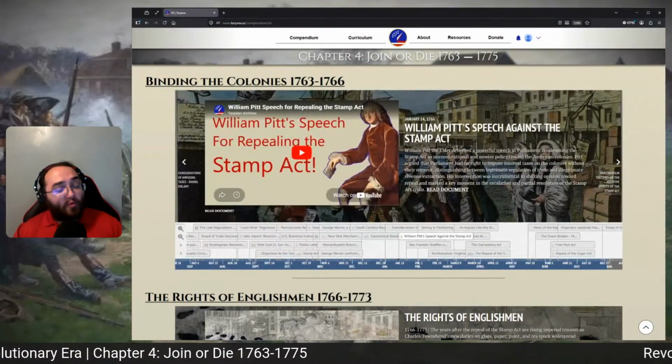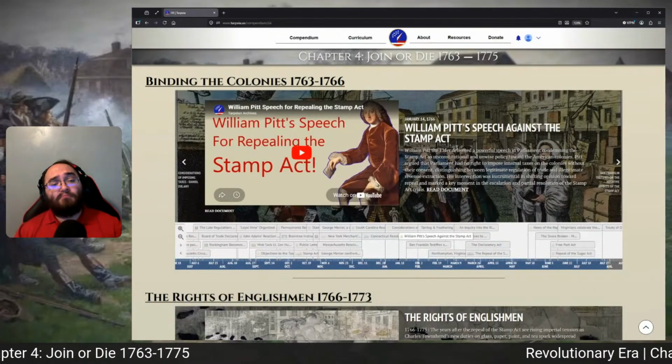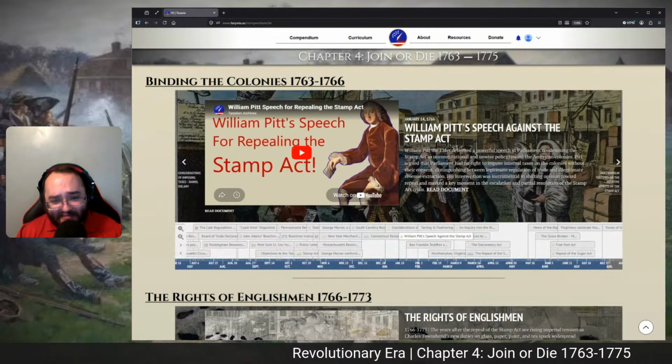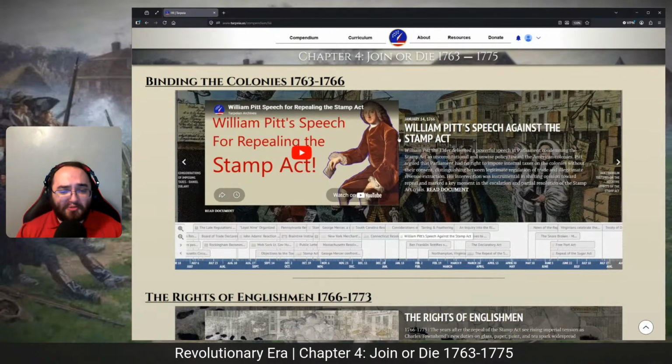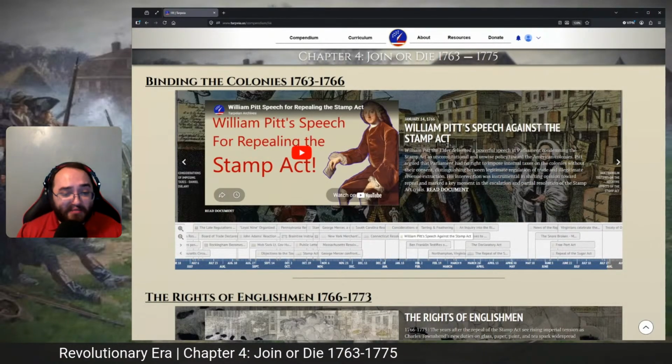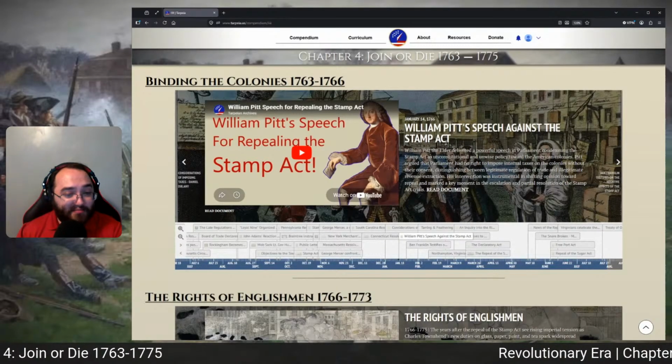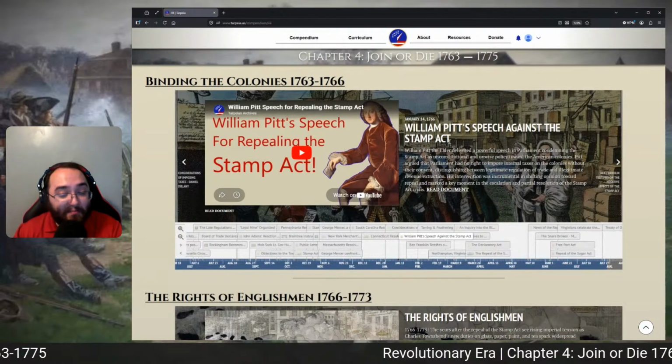Like I said before, Parliament is not 100% on board with the Stamp Act. And so here's a primary source by William Pitt. He gives a speech against the Stamp Act, in favor of repealing it.